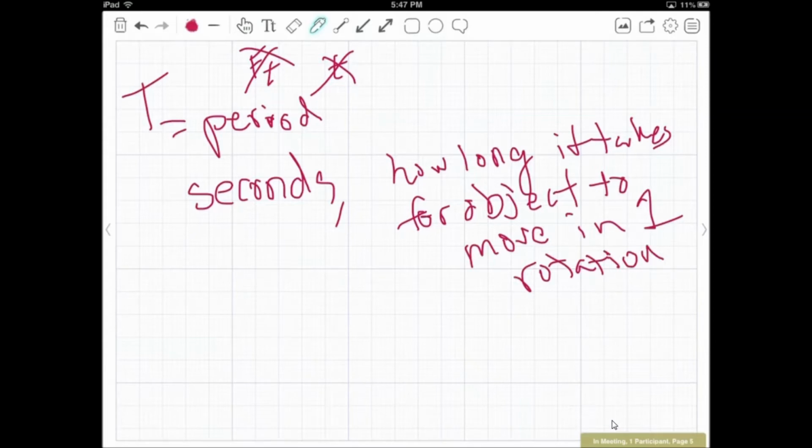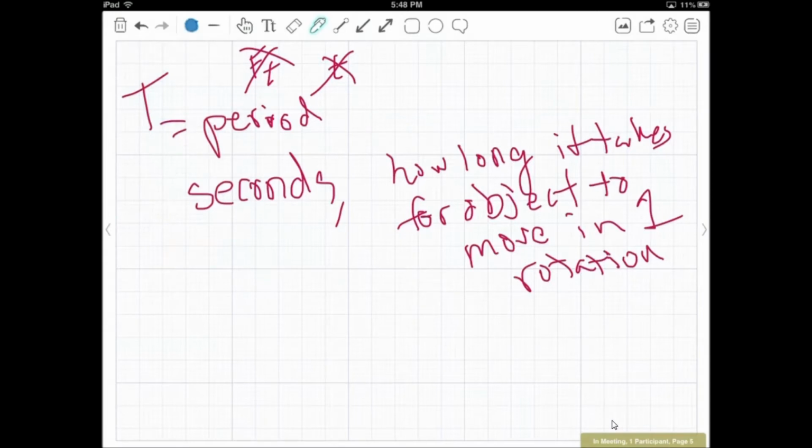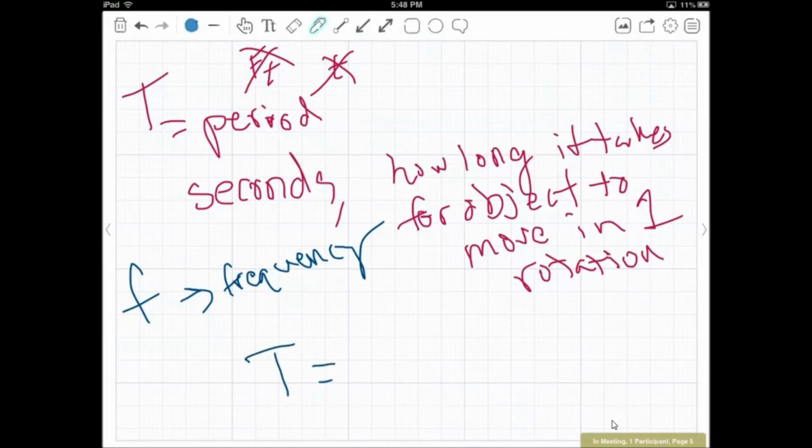There's another related term called frequency, which we denote with a lowercase f. And here's the relationship between period and frequency. They are inverses. So period is equal to 1 over the frequency, and frequency is equal to 1 over the period.